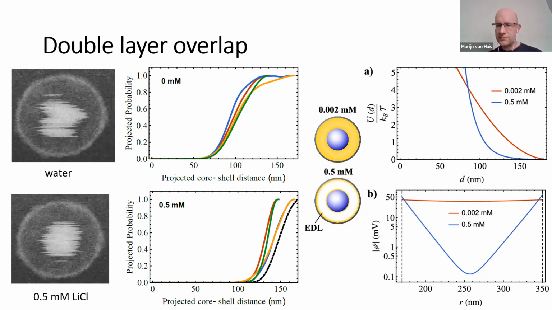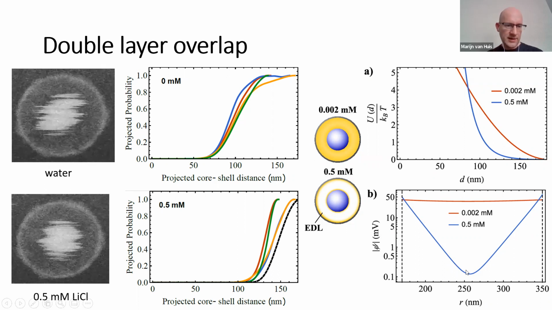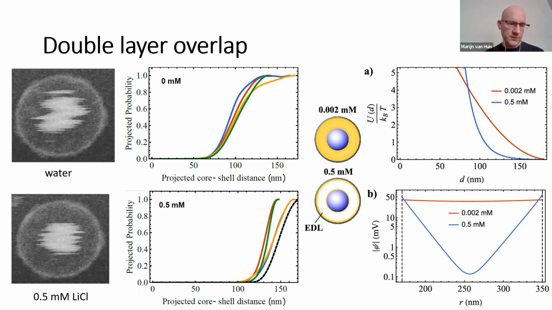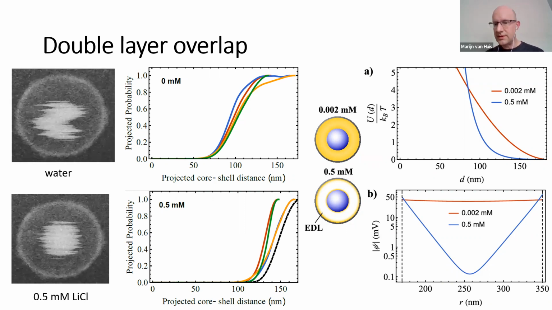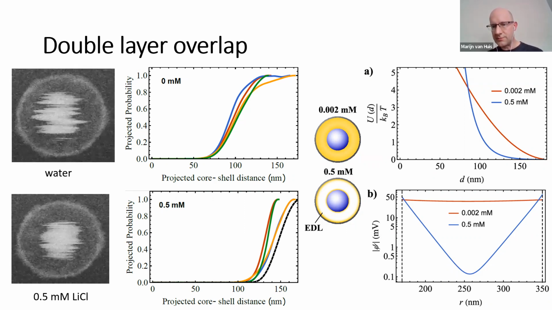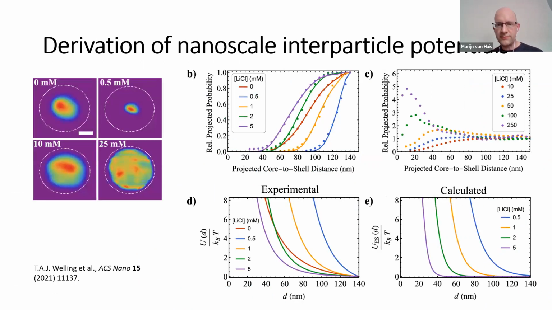And therefore it's more contained at the center of the shell. But that is not true, of course, for the higher concentrations of salt, because there the electrostatic potential falls off much faster, and that is why you get these platforms that are able to explore a larger fraction of the cell.